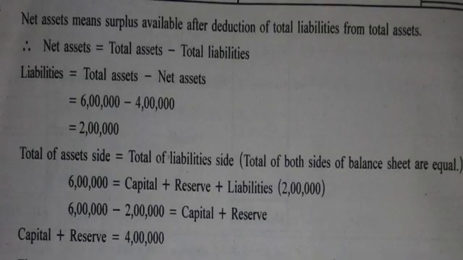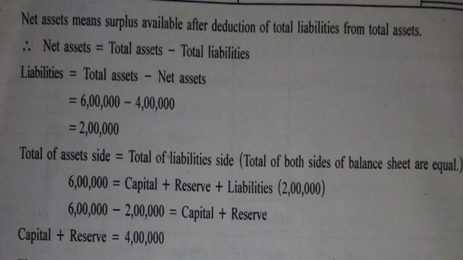Net assets equals total assets minus total liabilities. We have the answer for net assets, and we also have the answer for total assets. So what are the total liabilities that we are supposed to find out? The formula says total assets minus net assets.